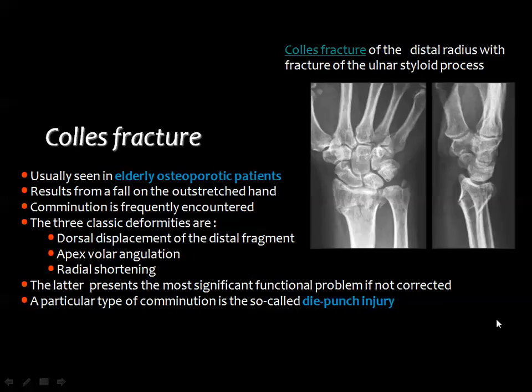One of the types of fractures related to Colles is what's known as die-punch injury, which is an extensively comminuted fracture involving the distal part of the radius with proximal displacement of the lunate and maybe the scaphoid bone.